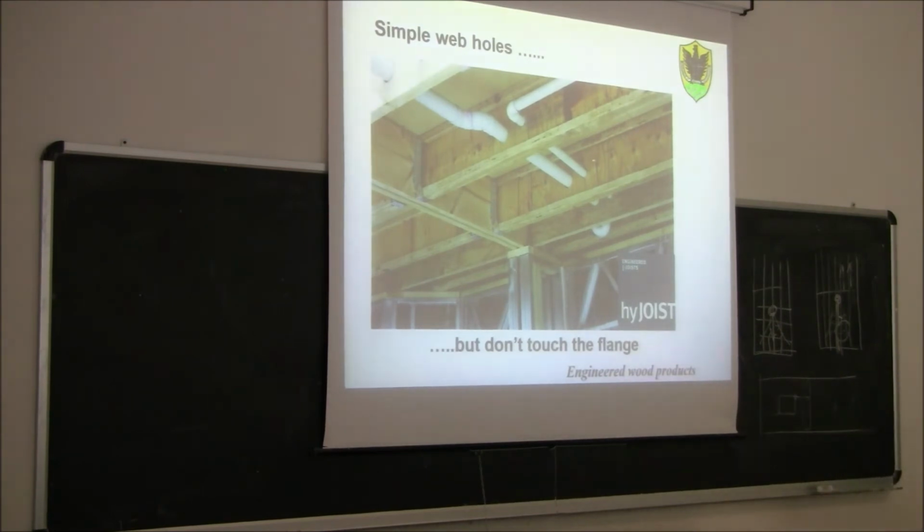So theoretically, you shouldn't make a hole in the web very close to the support, because very close to the support, particularly on the middle fiber here, we have the maximum shear stress. Okay, so don't go too close to the support, and of course don't touch the flange, because the flanges are carrying all the bending moment.